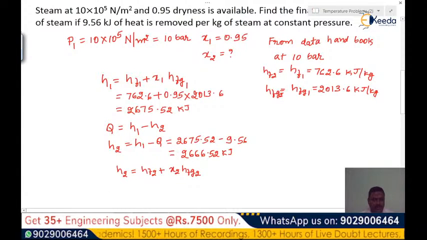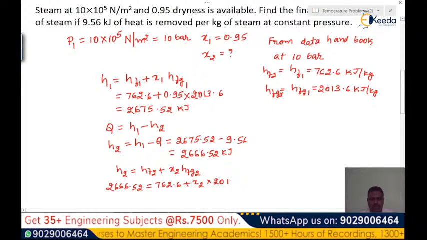So H2, already calculated in the previous step, is 2666.52, that is equal to HF2, which is equal to HF1, 762.6, plus X2 into HFG2, which is equal to HFG1, 2013.6.